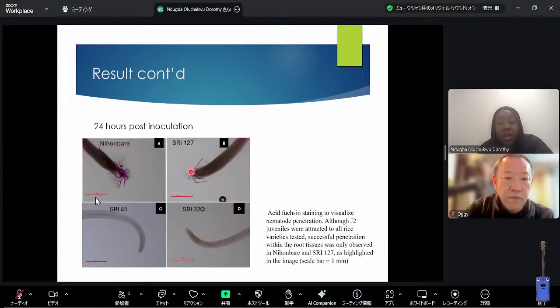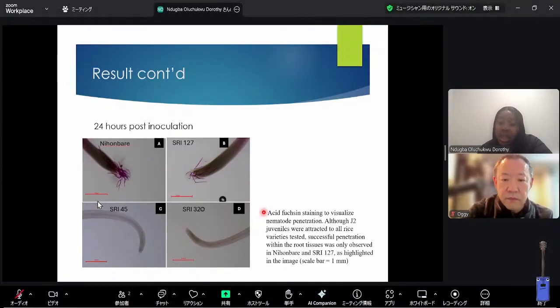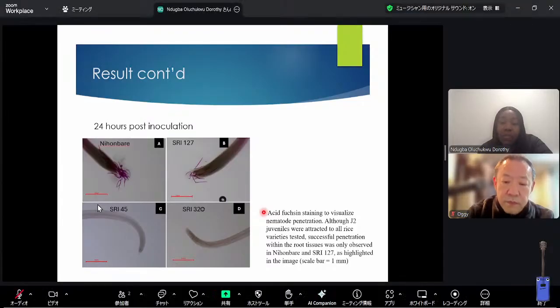After 24 hours, the roots were washed and stained with acid fuchsin. What the acid fuchsin does is allow us to visualize the nematode penetration into the roots. If we don't use acid fuchsin, we won't be able to see clearly if there was a penetration.